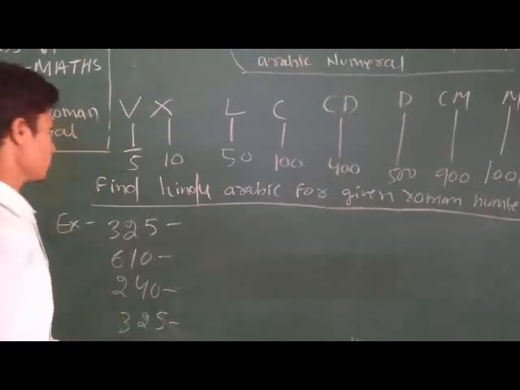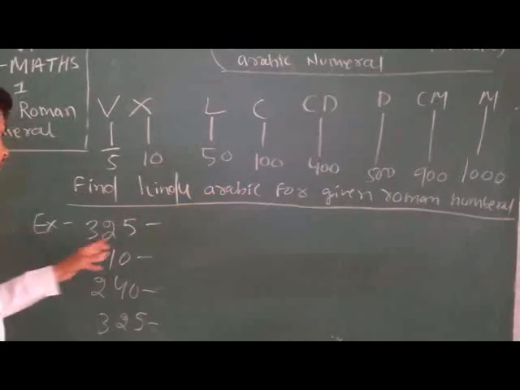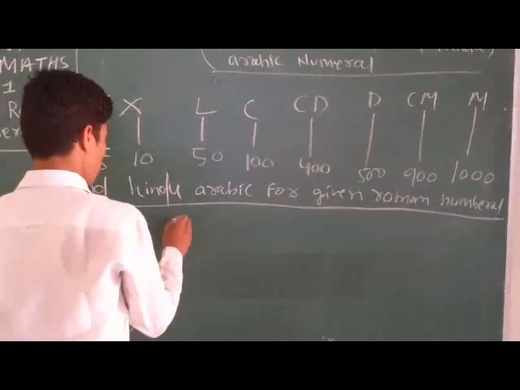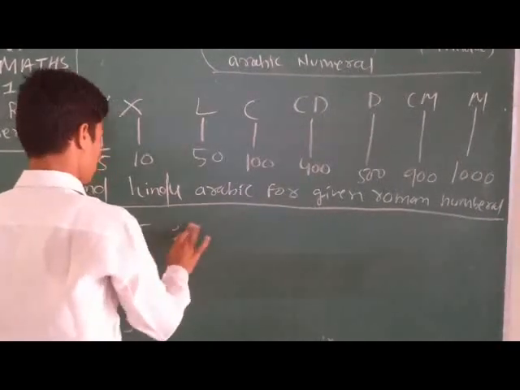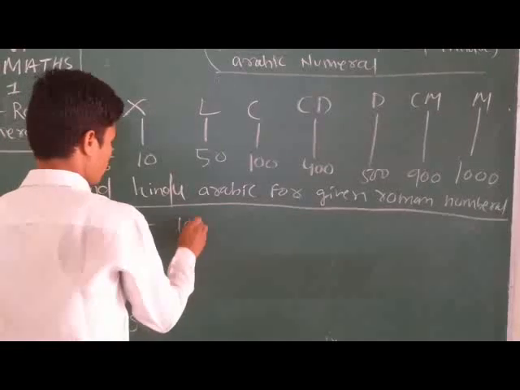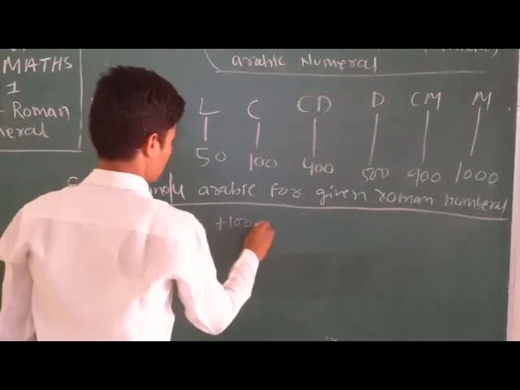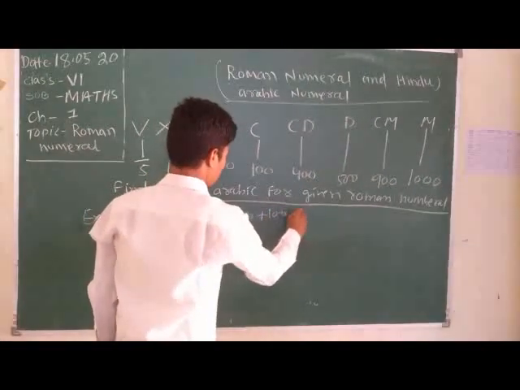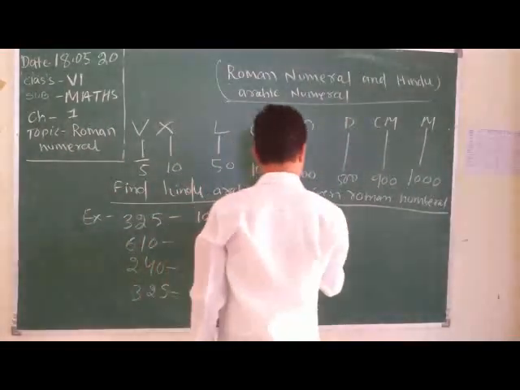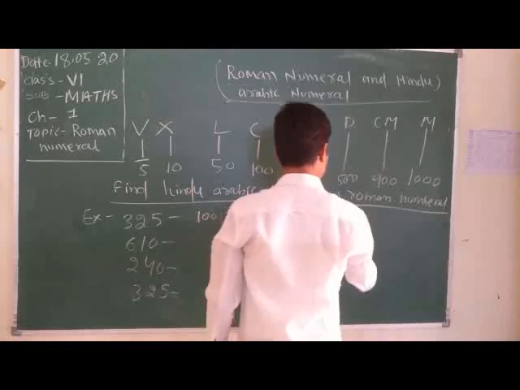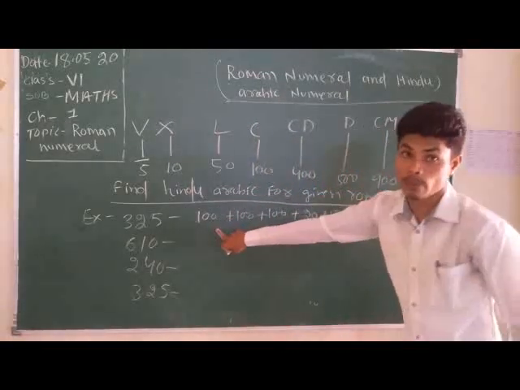See the 325. First you write it separately. 300 means how many times 100? 100 plus 100 plus 100 plus 20 plus 5. See, how many times 100 is there? 1, 2, 3.